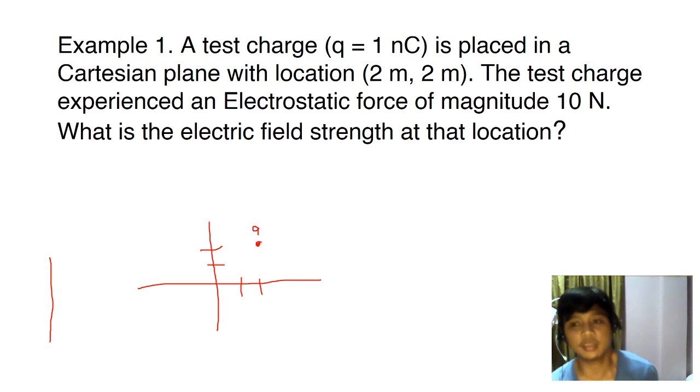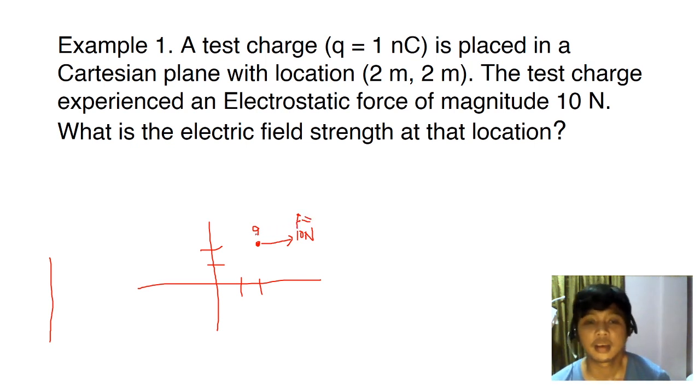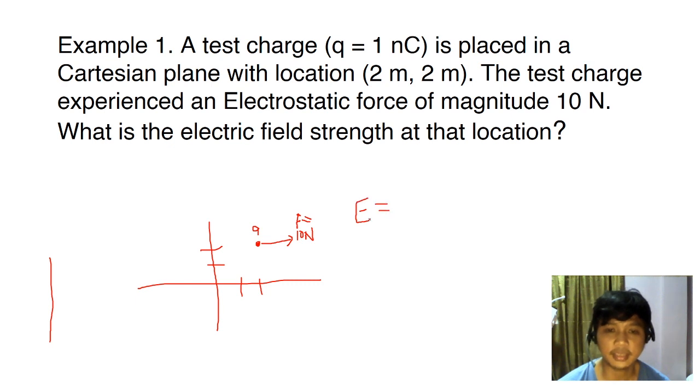It just didn't say what direction, so I'll just assume the direction is this way. The test charge experienced a force, therefore there must be an electric field. So the question is, what is the electric field strength at that location at (2, 2)? Well, you just use this formula.